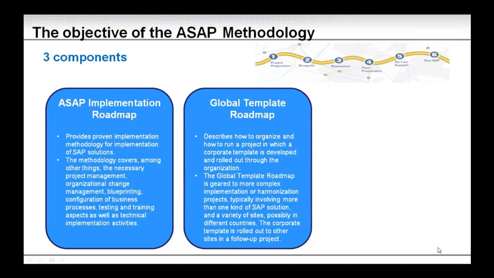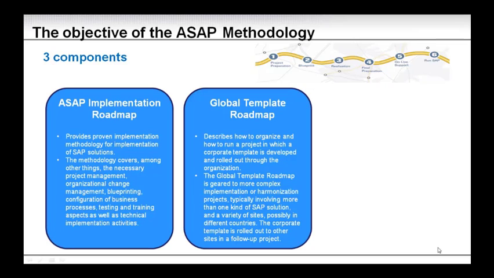Then you also have the global template roadmap, which is a tailored approach and roadmap for rolling out a solution globally. It can be regional, it can be global, it can be at multiple locations within a certain geographical area.